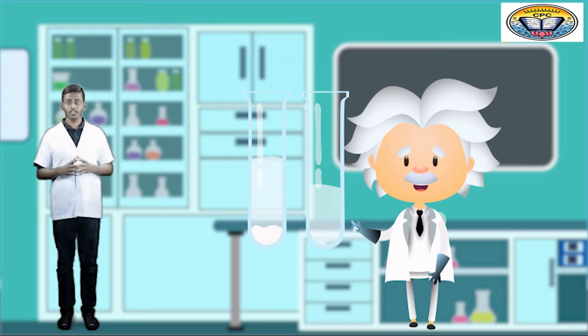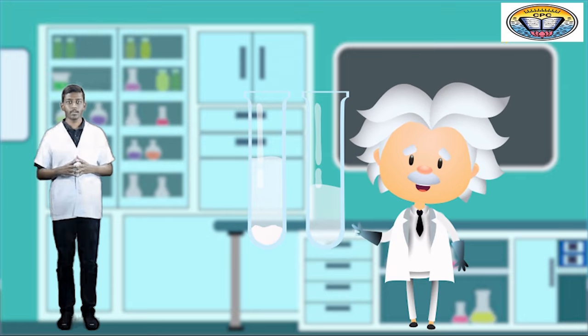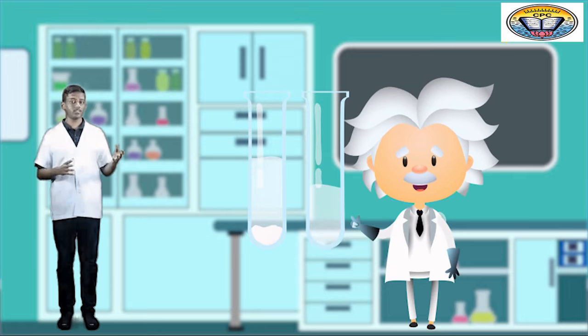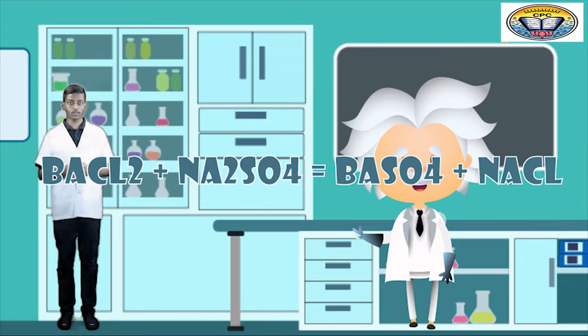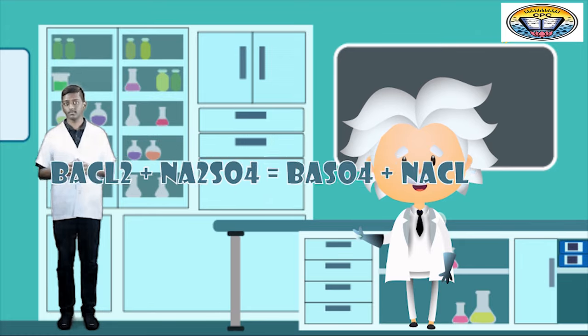This is due to the barium ions and the sulfate ions. The white precipitate is barium sulfate. We saw that there was an insoluble substance present in the beaker. This insoluble substance is called the precipitate and the reaction is called a precipitation reaction.